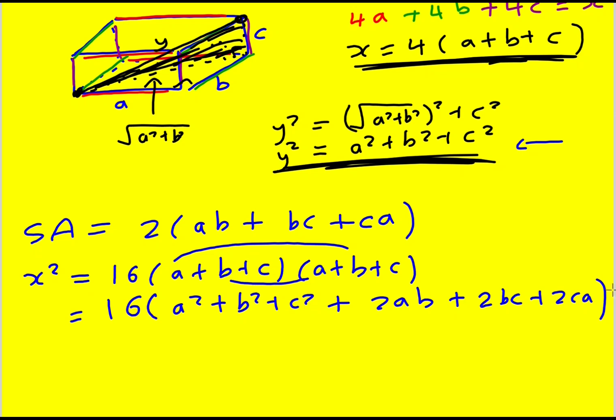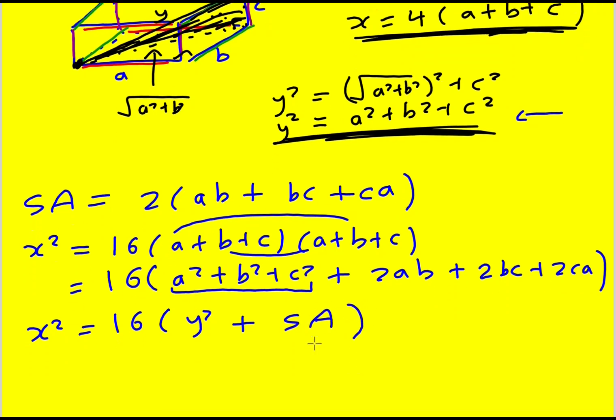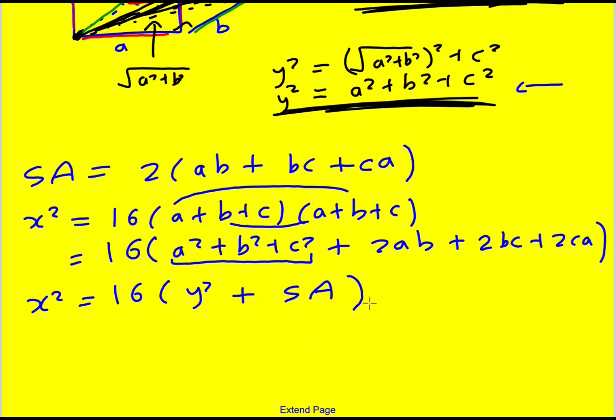So what does that mean? That means I've got x squared is equal to 16 multiplied by y squared, because that's what that is, plus the surface area. Through squaring x, we've managed to get an equation that links x, y, and the surface area. So I can now divide through by 16.